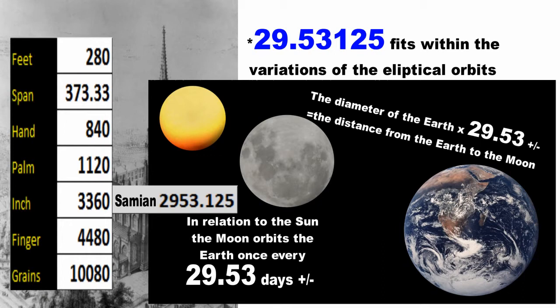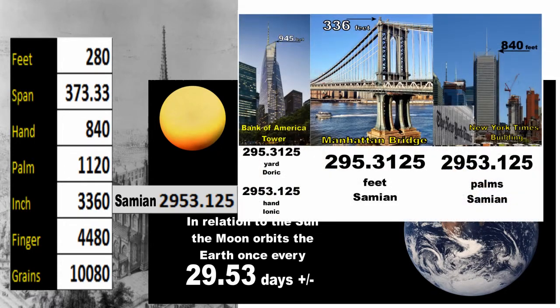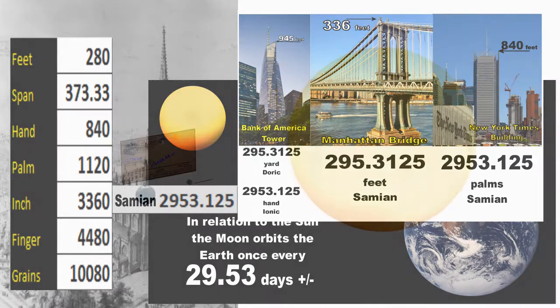The Earth multiplied by 29.53, including 29.53125. Again, because of the elliptical nature of things, there's always a slight margin. And that also will connect us to the Bank of America Tower, twice mentioned in Doric and Ionic, as well as the Manhattan Bridge, as well as the New York Times building.